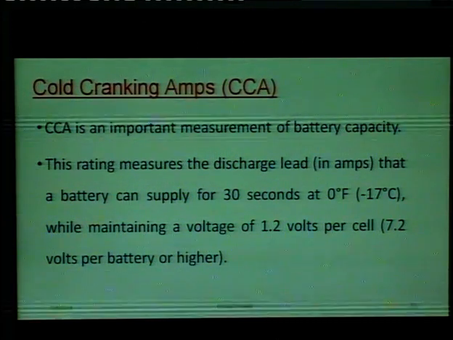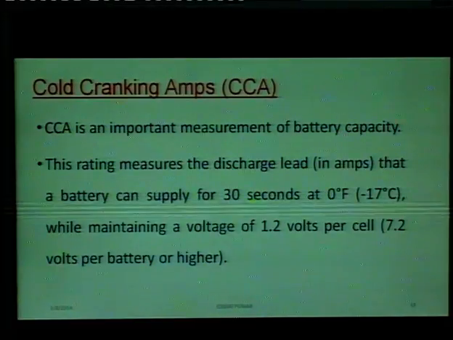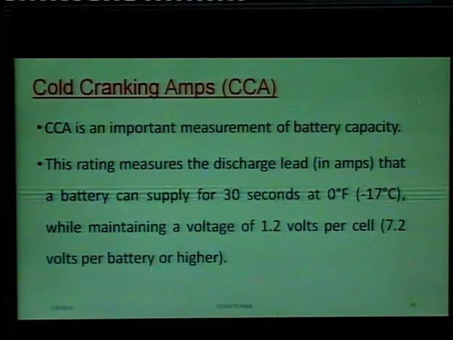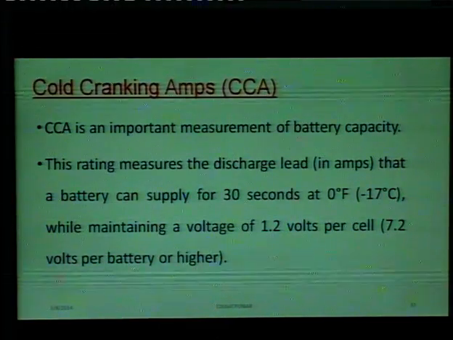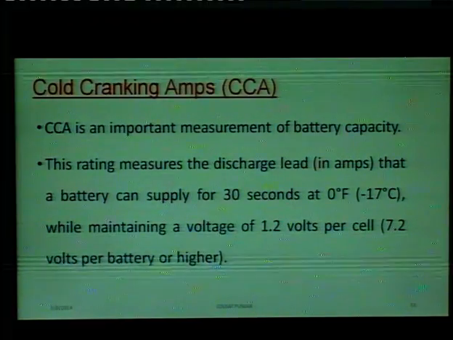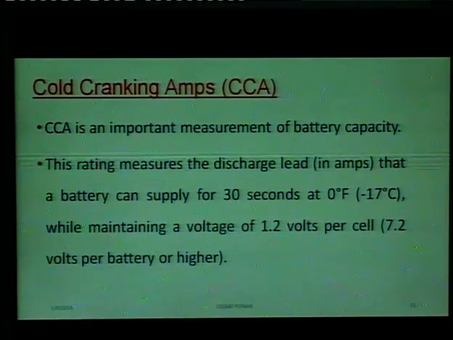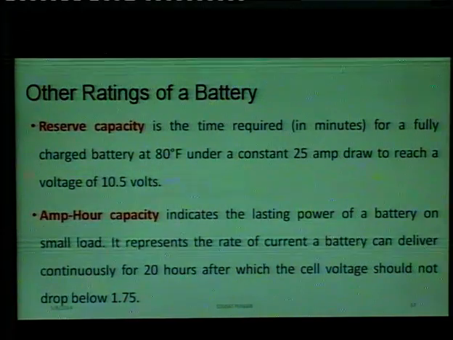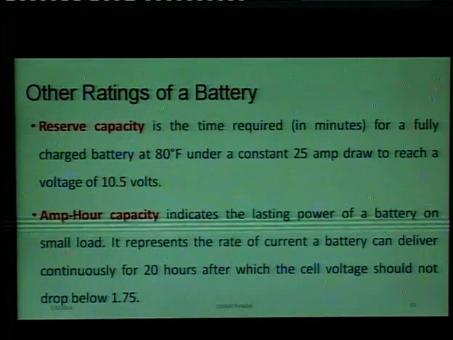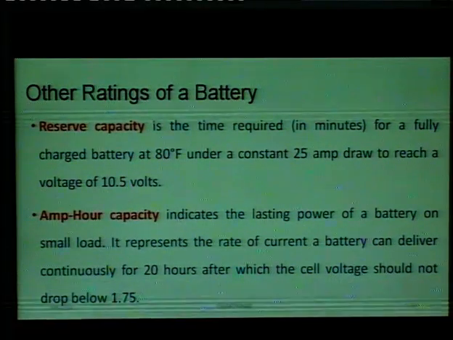That means 1.2 volts per cell continuously for 30 seconds at a temperature of minus 17 degrees centigrade, then we can say it is a cold cranking ampere rating.